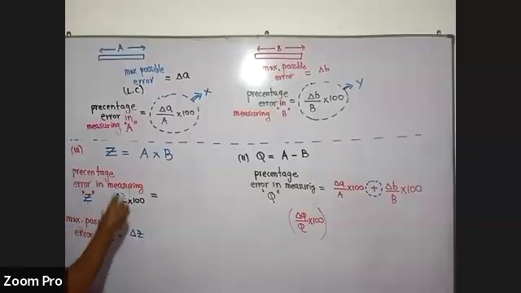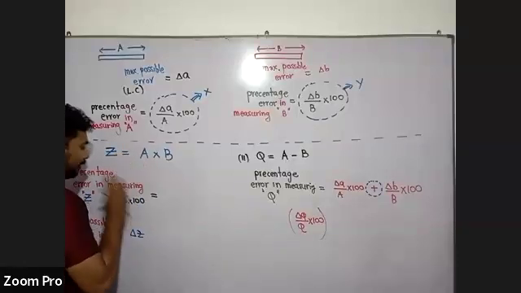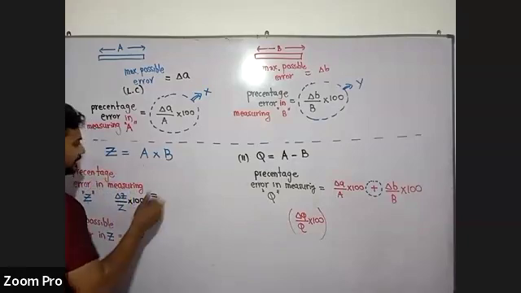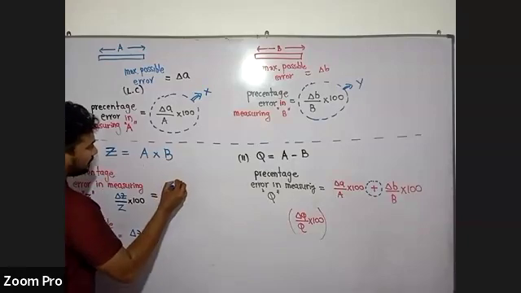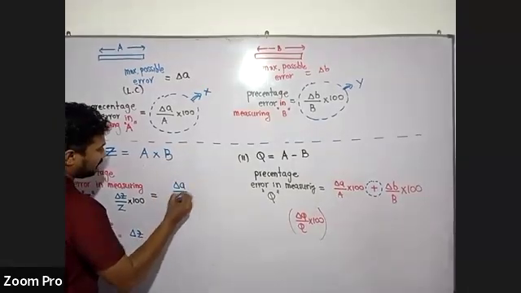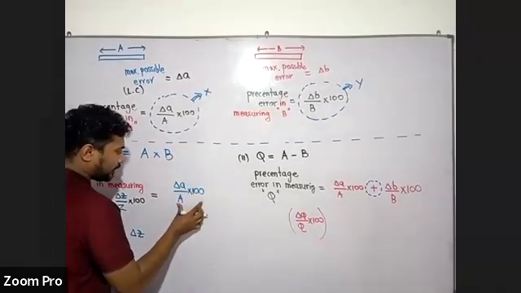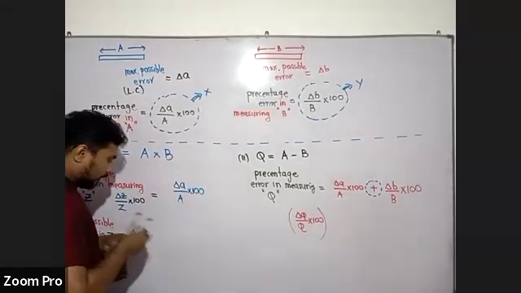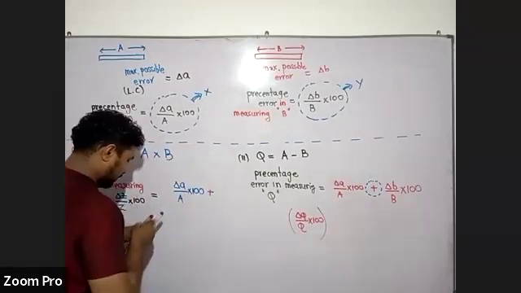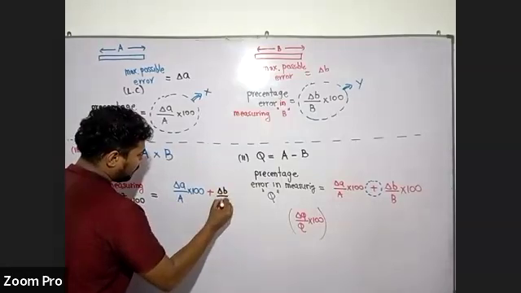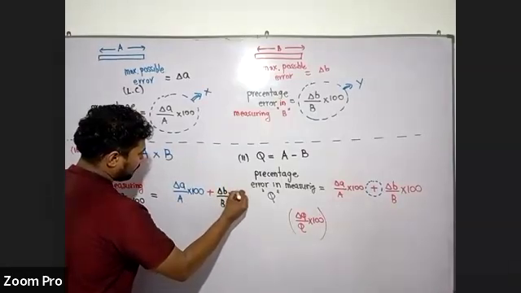Okay. Now, the percentage error in measuring Z can always be expressed as delta A over capital A into 100. So this is the percentage error when measuring A. It should be plus the percentage error of B when measuring B, right?